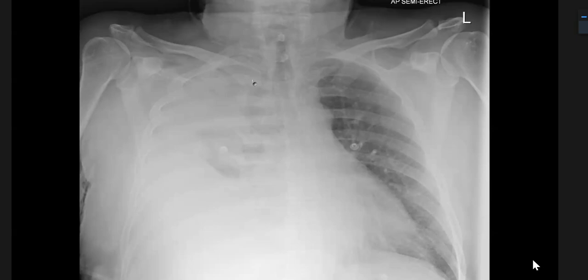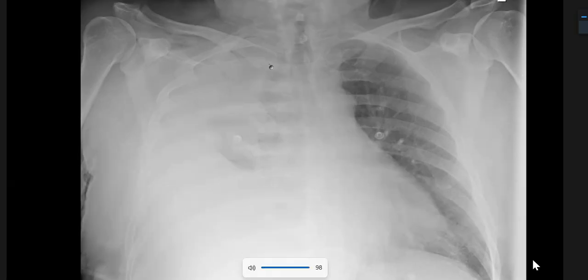Here I can see there is a homogeneous opacification in the right hemithorax. Possibility of underlying rib destruction cannot be excluded. I will zoom the images to see it. The right hemidiaphragm and right heart border are obscured.